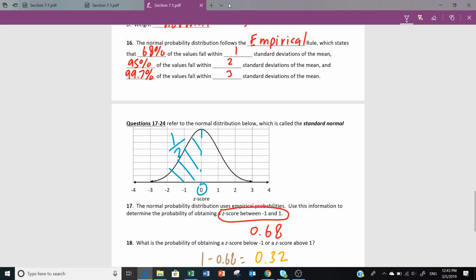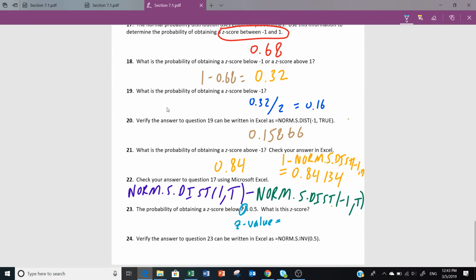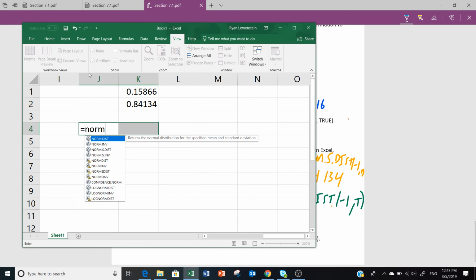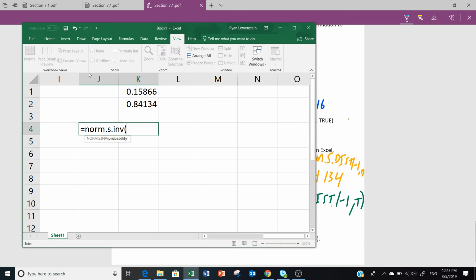That's the only z-value where the probability to the left or below is going to be half of the graph, or 0.5. So the z-value is 0. This can be done doing norm.s.inv. I'm going to do equals norm.s.inv, and I'm going to hit in 0.5, and it's going to give me 0.